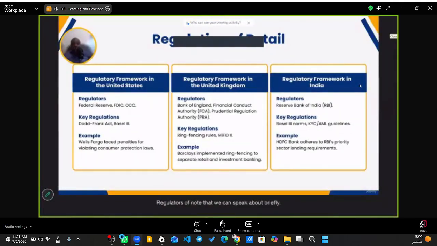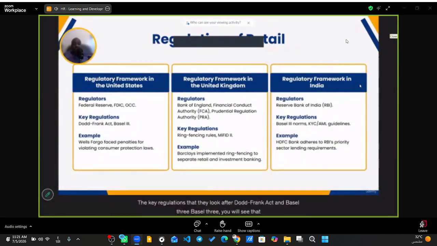Regulatory framework in the United States. Regulators of note that we can speak about briefly: Federal Reserve, the FDIC, which we covered in a previous segment, the OCC, and others. There are so many others, state by state, region by region, depending on what kind of transactions people are involved in. All these have different regulators that ensure compliance.